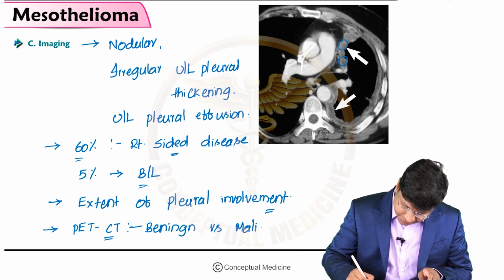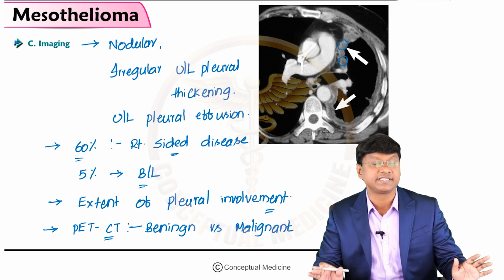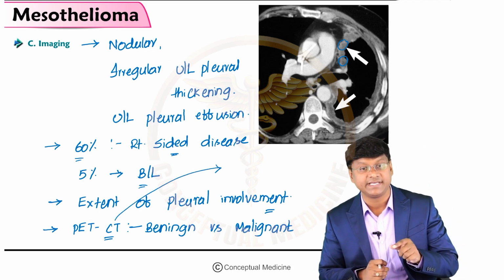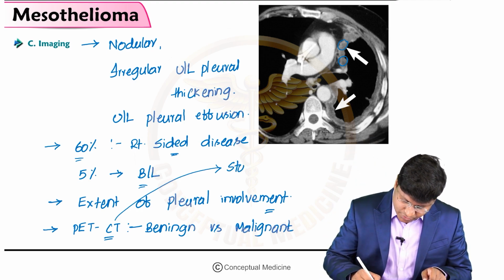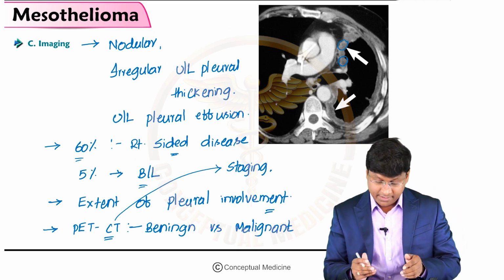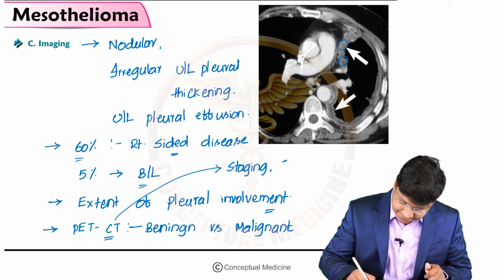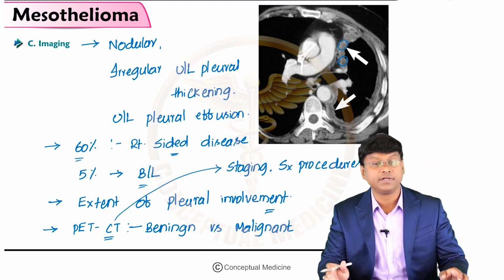Not only that, another important use of this PET-CT is that it also helps in staging of the mesothelioma, and accordingly we can plan for the treatment as well. We can also identify the candidates for aggressive surgical procedures. So this is the purpose of the imaging.